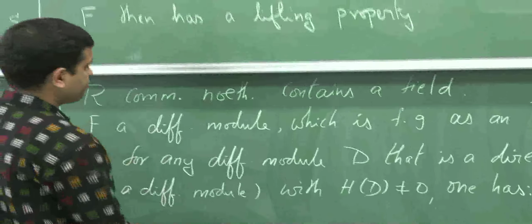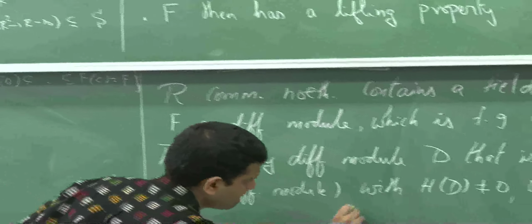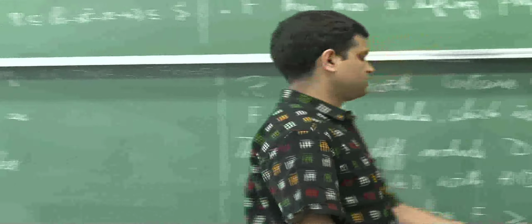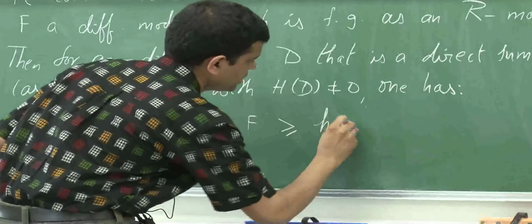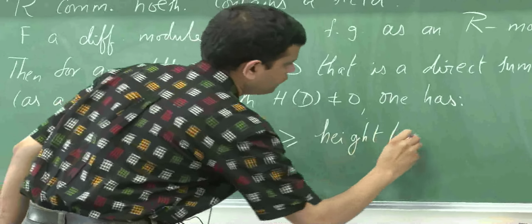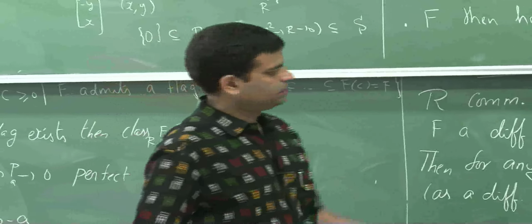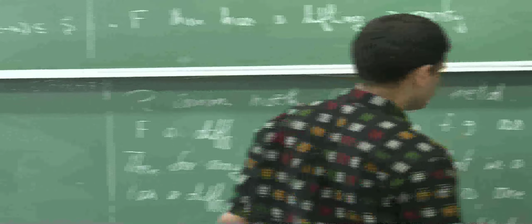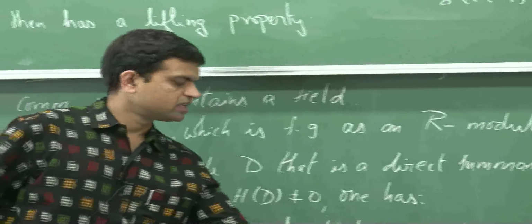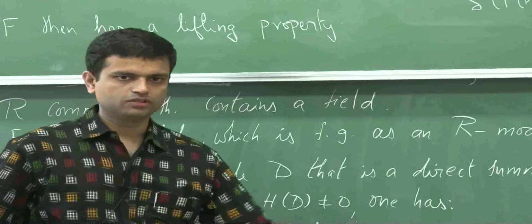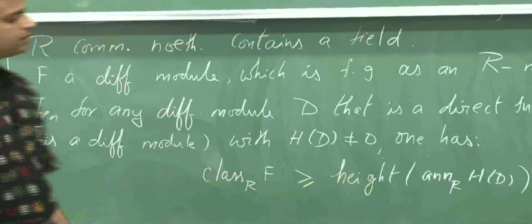The class of F is, and this term that comes up here will be familiar now, it's the height of the annihilator of D. So this is an R module, this is the ideal of elements in R which kills this module, so it's the annihilator module, and I'm looking at the height of this module.